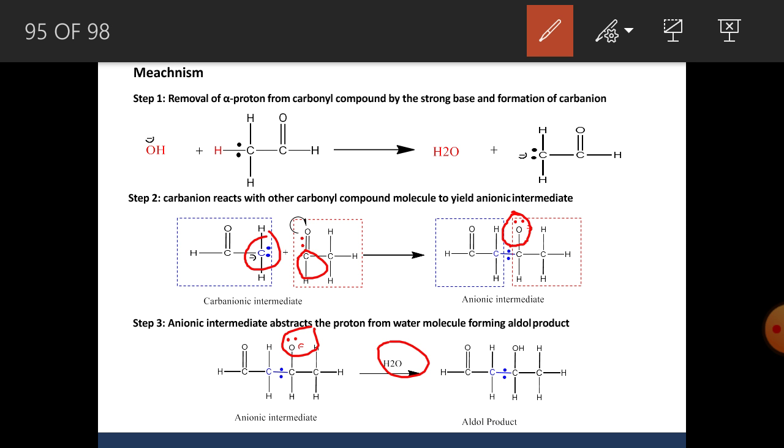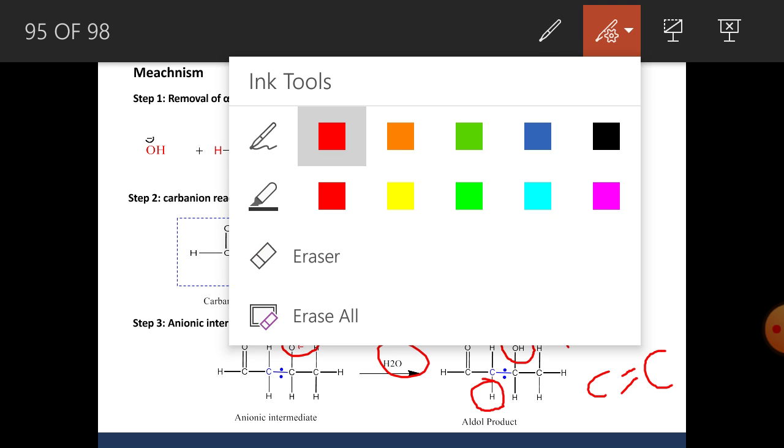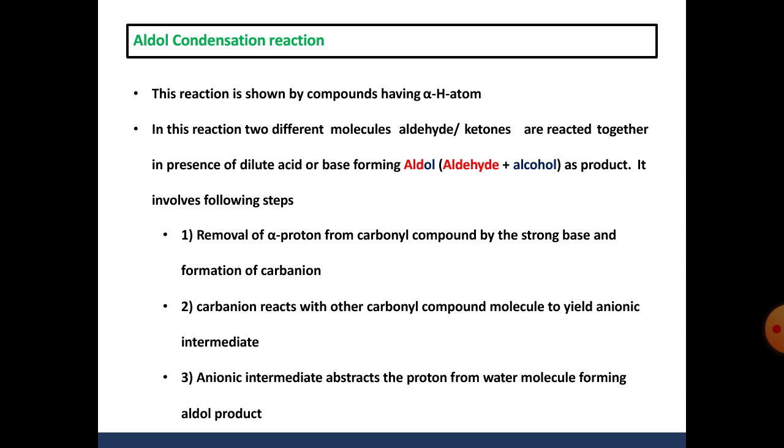Again from this aldol there is loss of OH minus ion and this H, and it can convert into an enolate, that is a C double bond C species, that we'll see in crossed aldol condensation. So these are the three-step reaction which is named as aldol condensation, in which two same molecules of aldehyde or ketone react and form aldol.